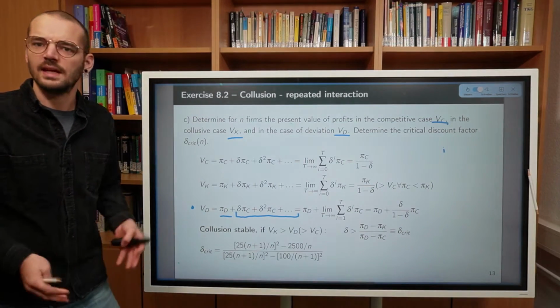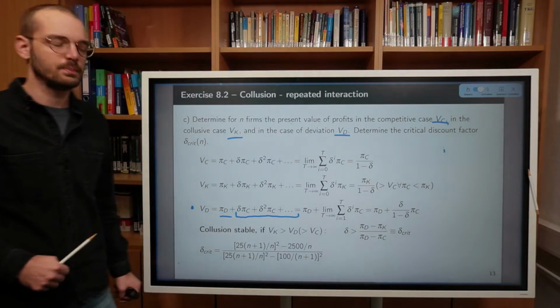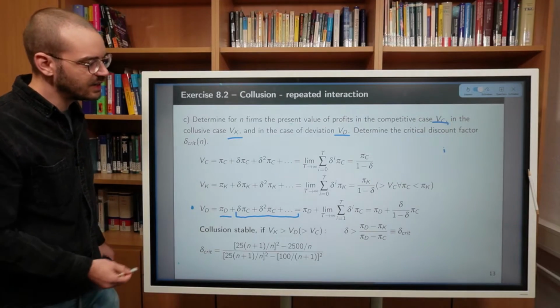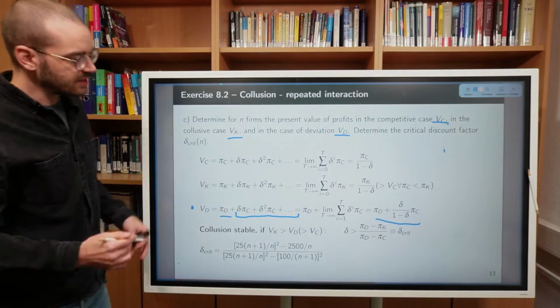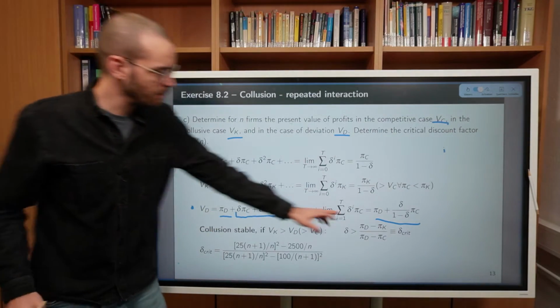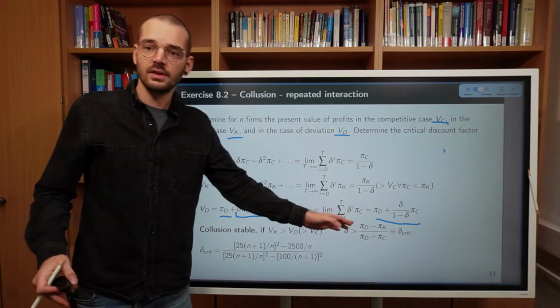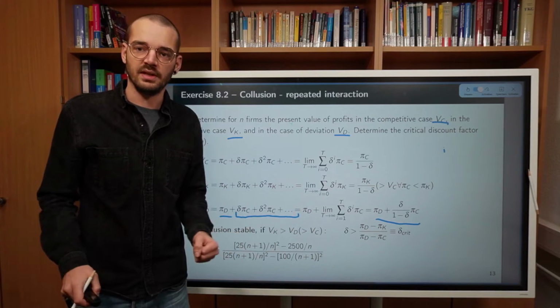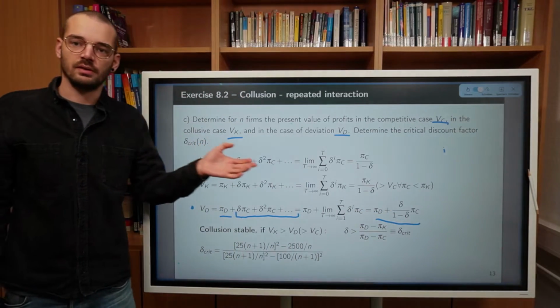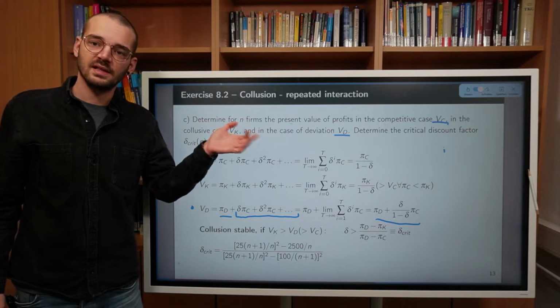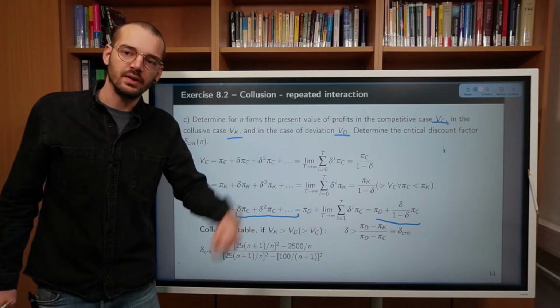So exactly the same expression we had on a previous slide, right? So we can calculate this and we can find out that the present value of deviation is pi d, no reason to discount because it's happening in period 0, plus the present value of competition profits starting from period 1.